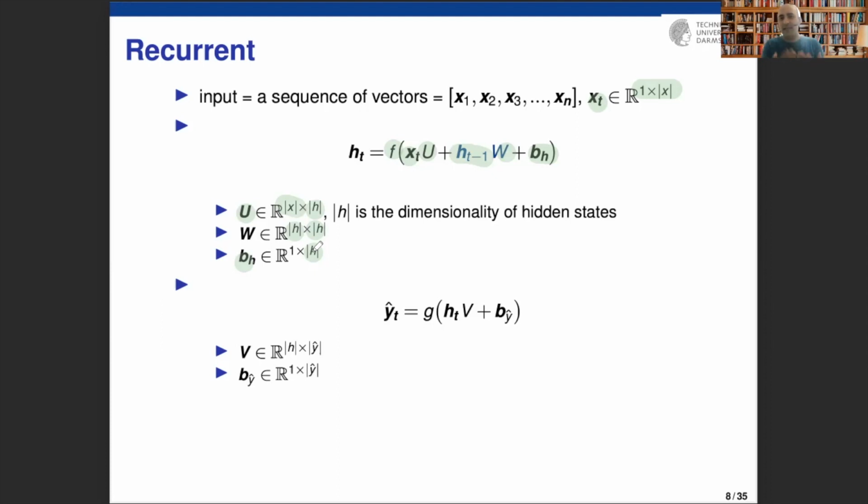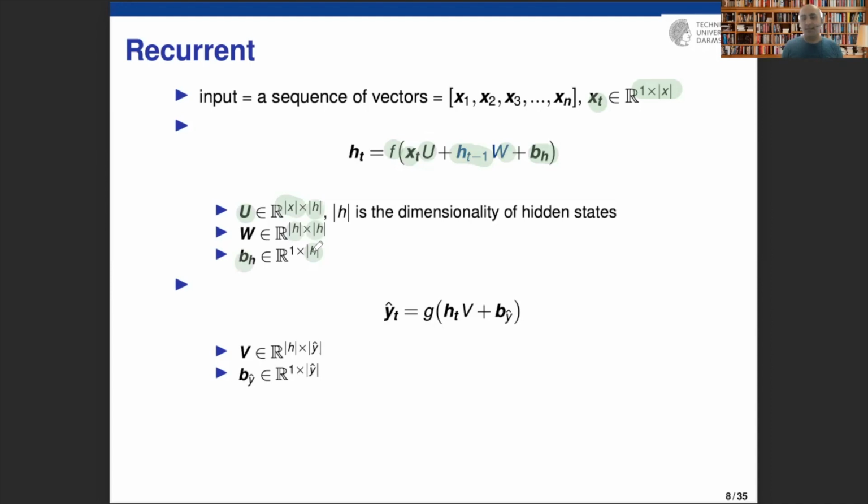Okay, now we have the hidden state computed based on two inputs: the current token representation, which is x_t, and the value of the hidden state in the previous step, which is h_t minus 1.